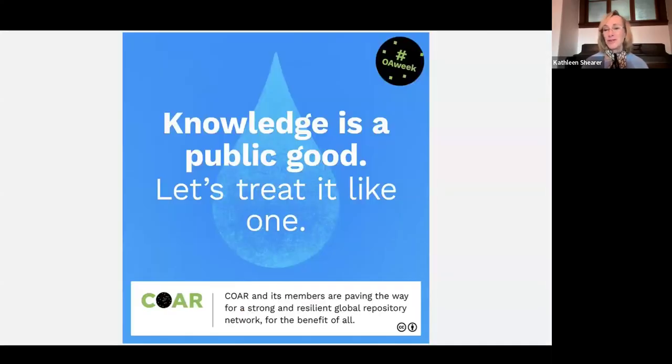I think it's important also just to state right up front what are our principles. One is that we believe strongly that knowledge is a public good, and commercialization of the basic research is not necessarily the way society should be going. We should be making the results of research openly available to the world.